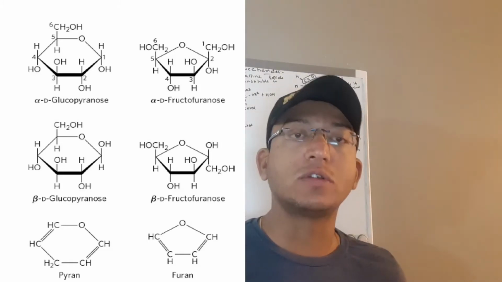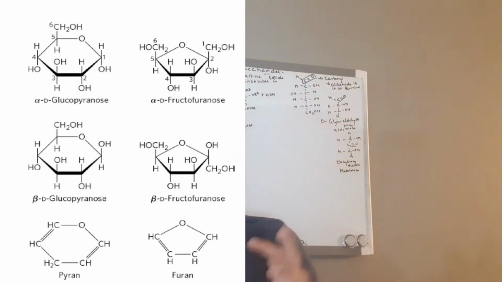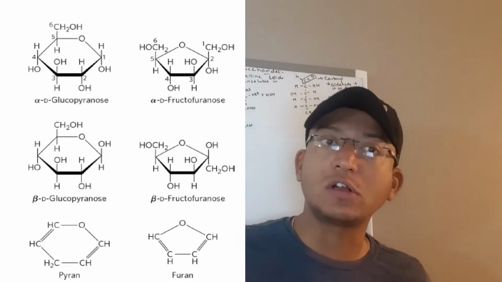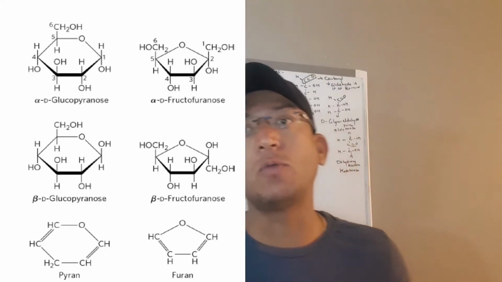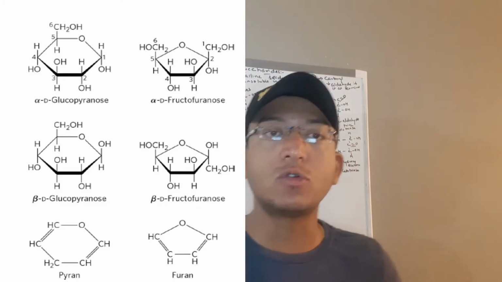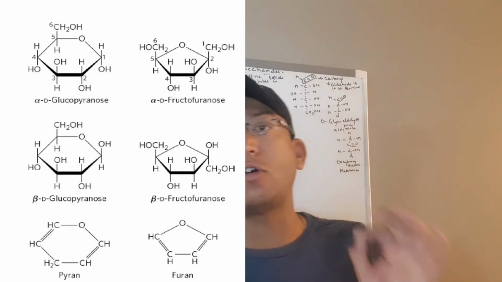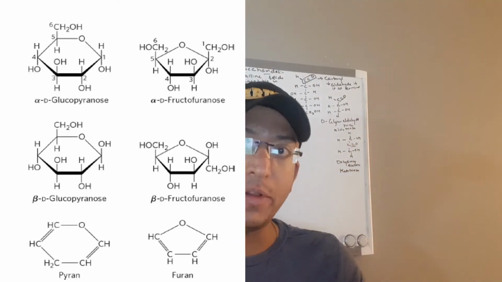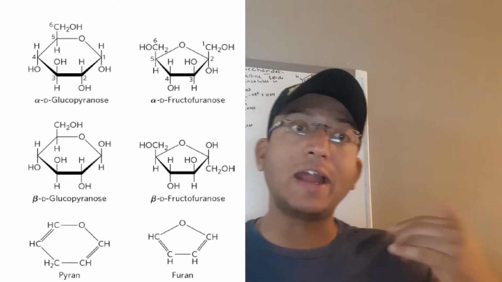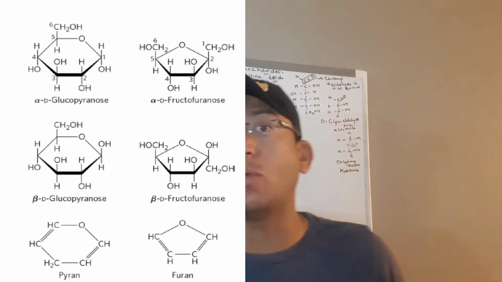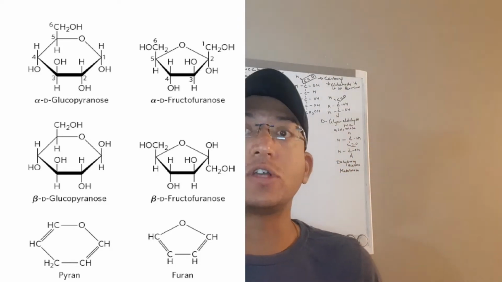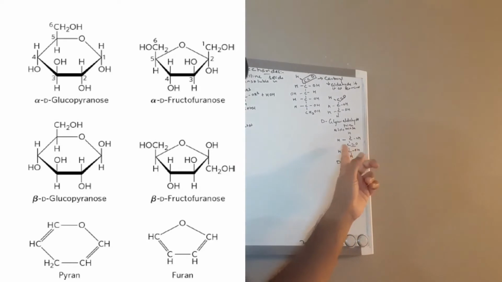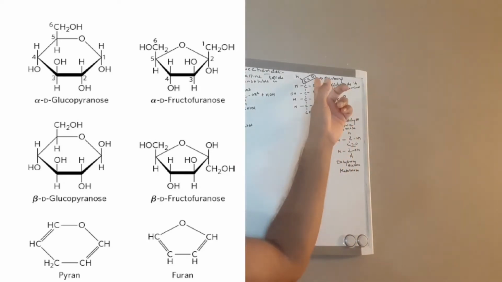So ketohexoses such as fructose also occur as cyclic compounds, with alpha and beta anomeric forms. How? In this compound, the hydroxyl group at C5, or it can be C6, reacts with the keto group at C2. Why? Because a ketone can exist only in the second position.